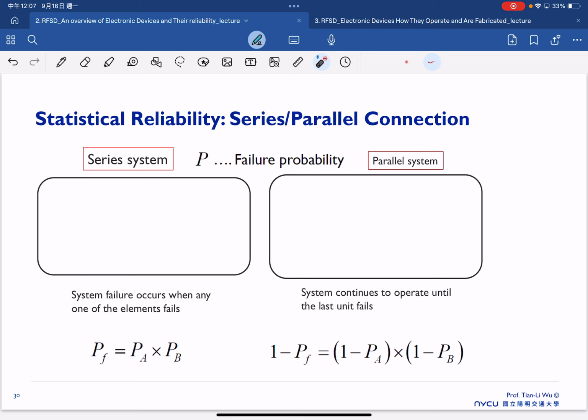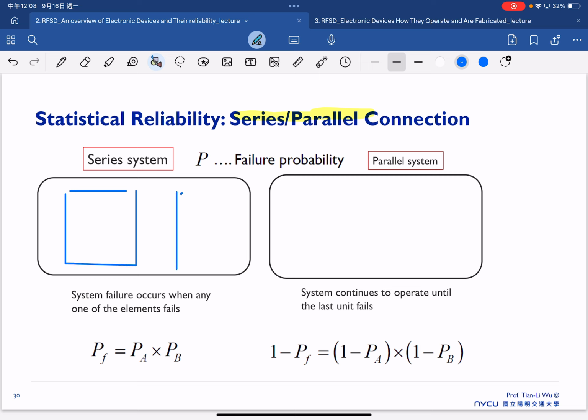Okay, so I try to finish this chapter today. The last one we talk about is the series and parallel system. This concept is pretty simple. I bet you already learned this in high school, but you just forgot it, and you just don't know that we can also apply this in semiconductors. For series, consider that you have two components side by side connected in a series way.